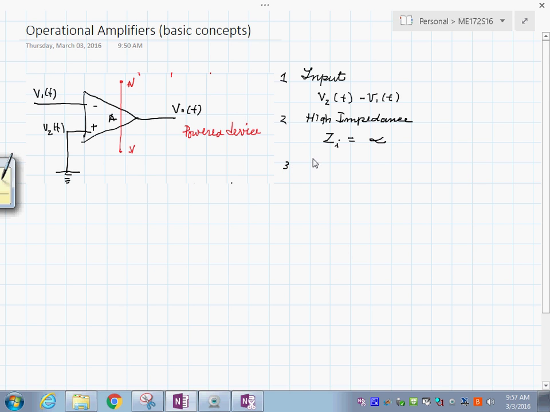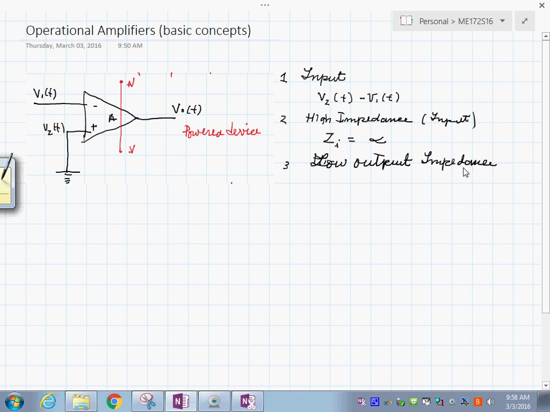And then we have a low output impedance, which is to say that Z on the output is 0.